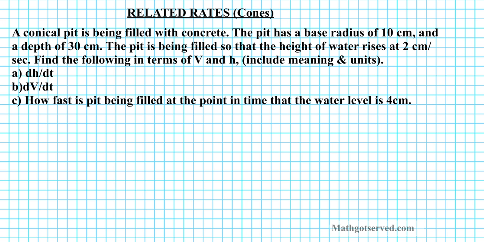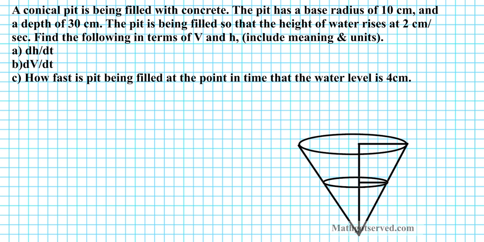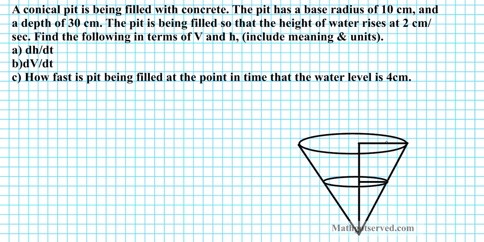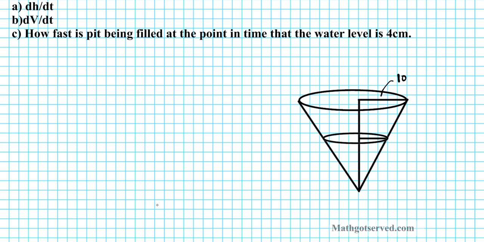Okay, so the first thing we want to do, let's give ourselves a sketch of the situation. All right, so let's assume that that's the conical pit right here. So we know that the base radius is 10, so this right here is 10, and the height of the conical pit is 30 centimeters.